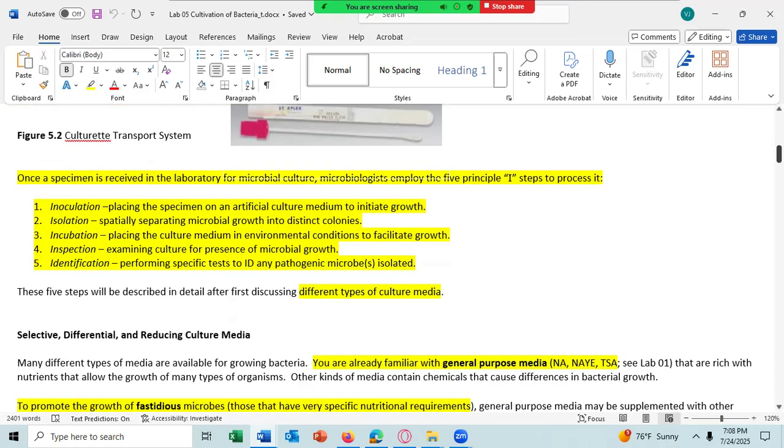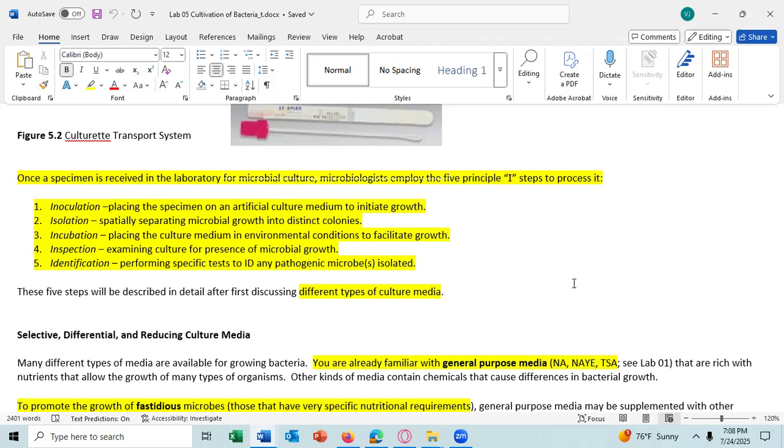There's inoculation, isolation, incubation, inspection, and identification. Inoculation is just placing the specimen on an artificial culture medium to initiate growth. Isolation is spatially separating microbial growth into distinct and separate colonies.